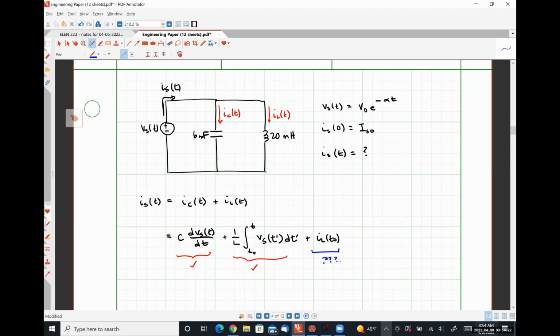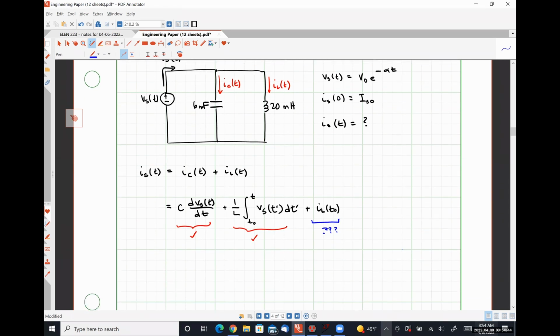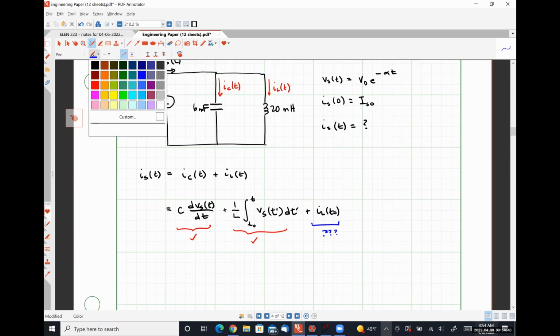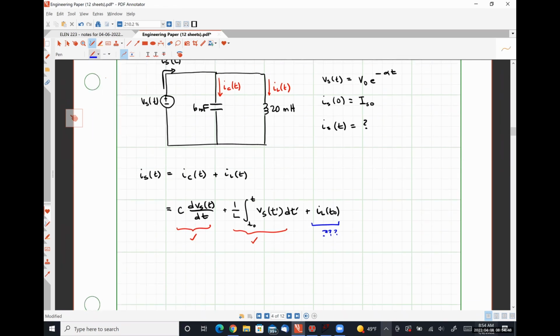So the observation here, what I've seen, the overwhelming majority of students do is they just put in the value for IS at 0 and call it a day, and then get it wrong, get frustrated, and stop working. And the reason why that's wrong is because the inductor current and the source current literally aren't the same things, right?